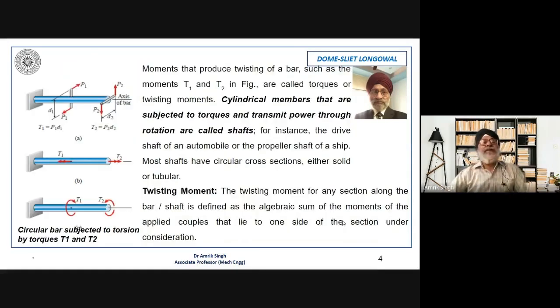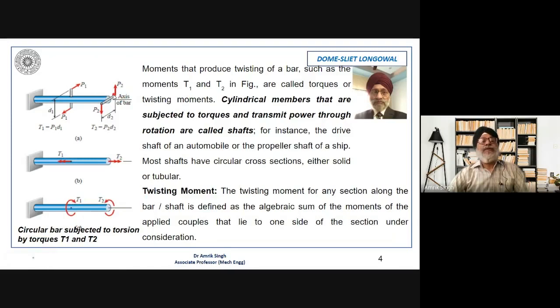Now you see, this picture will make the concept clearer. We have taken a circular bar which is subjected to torsion by the torques T1 and T2. So it is T1, it is T2. It is an axial torque, and a rotational torque we have given in the opposite direction.